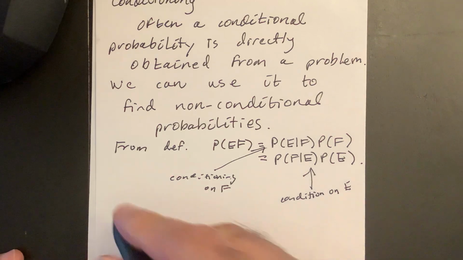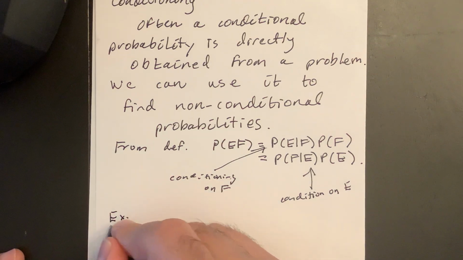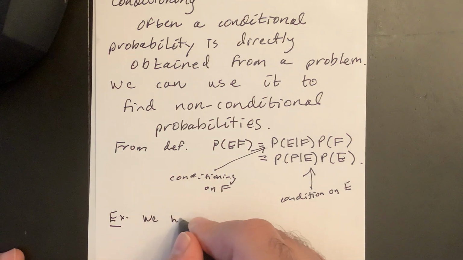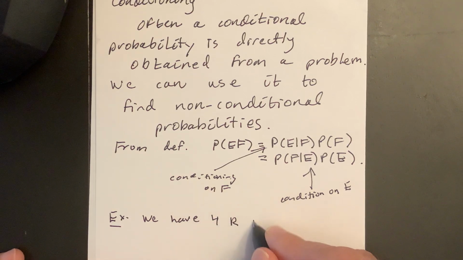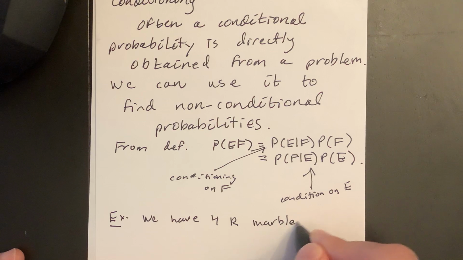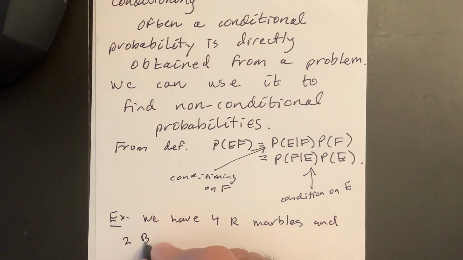So here's an example. Suppose we have say 4 red marbles and 2 black marbles.